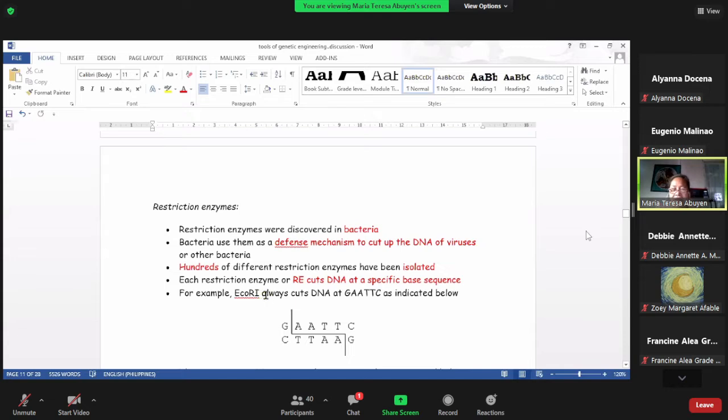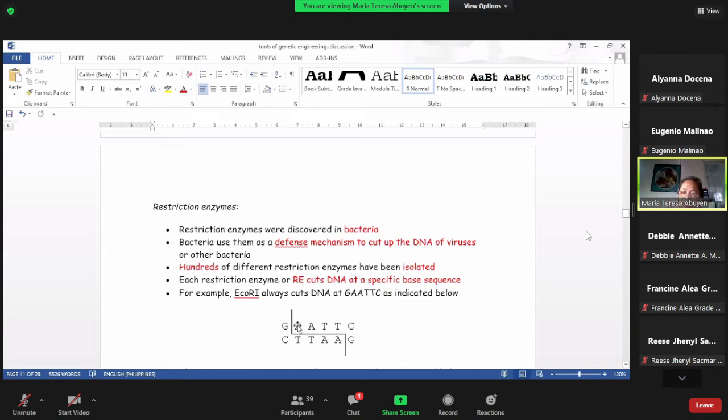Again, it always cuts DNA at a specific base sequence. An example given here is EcoR1. It cuts at the base sequence GAATTC. Where will it cut?